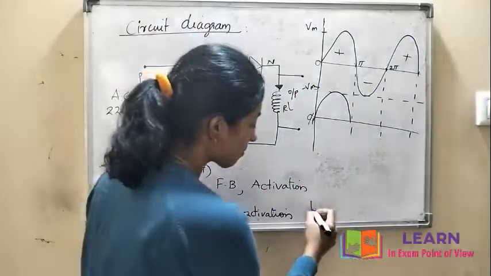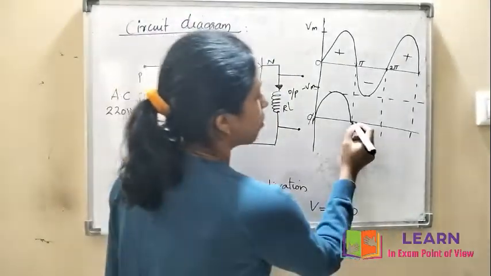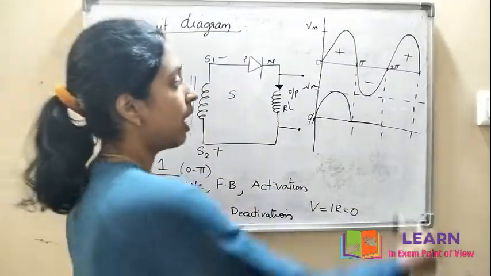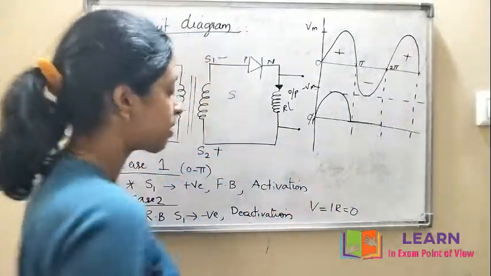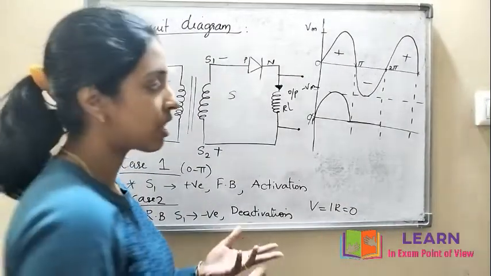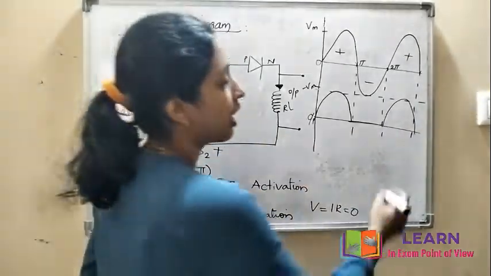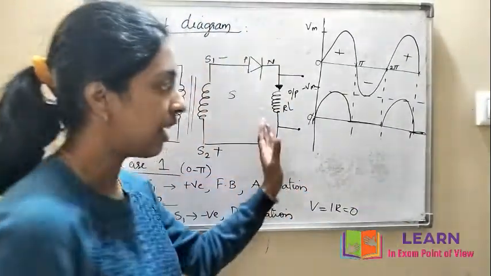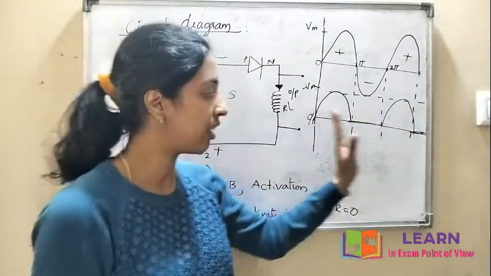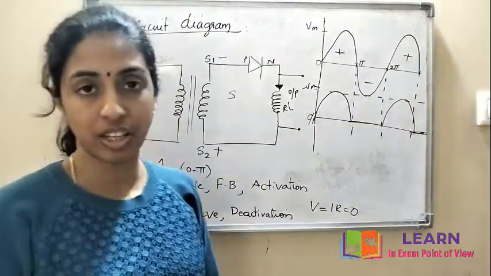V equals IR will be 0. No voltage, so nothing will be there. This process continues. Again for the plus half cycle it is forward biasing and we get voltage like this, and for the next negative half cycle, nothing. Like this we get a DC voltage without any drop of voltage.